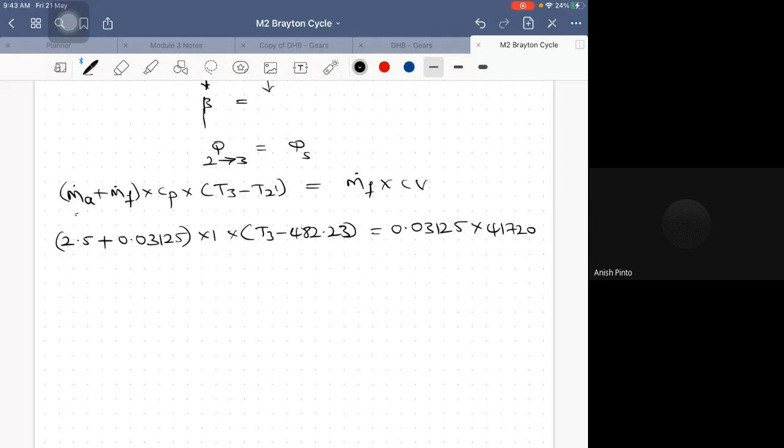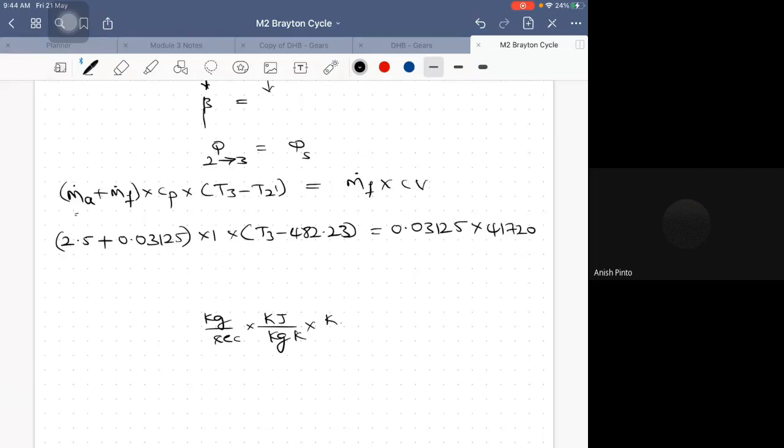Please check the units. Both sides of the equation should have the same unit. mA and mF dot are in kg per second, cross Cp in kilojoules per kg Kelvin, cross temperature in Kelvin.